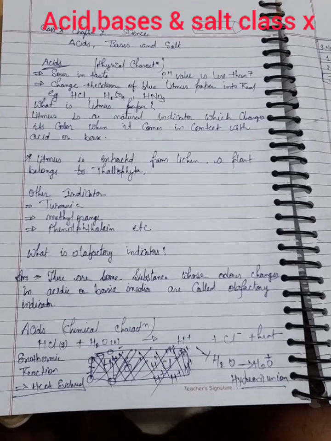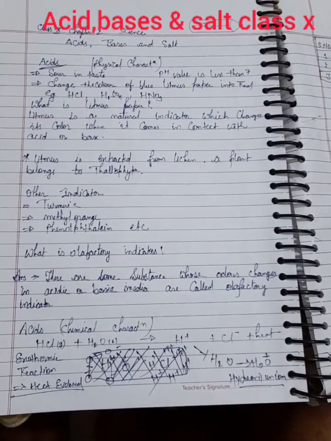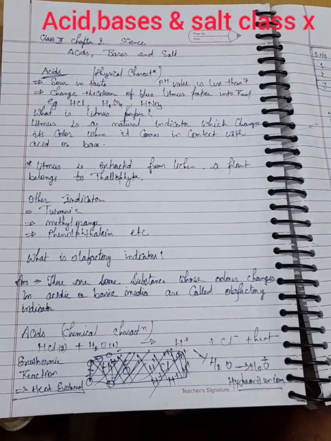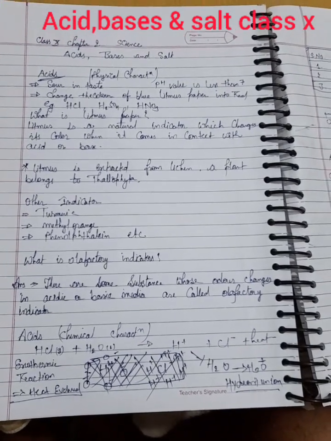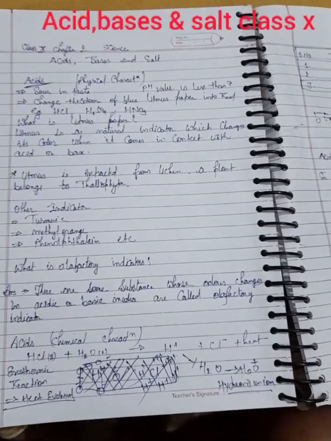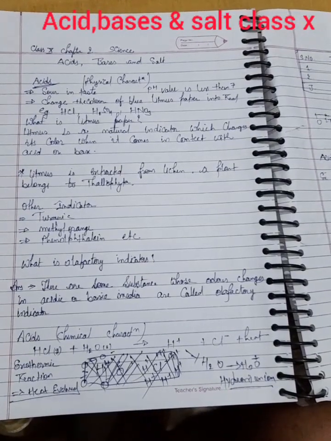For example, HCl dissolved in H2O gives H+ ion and Cl-, and this H+ ion further reacts with water to give the hydronium ion H3O+. This reaction is exothermic.